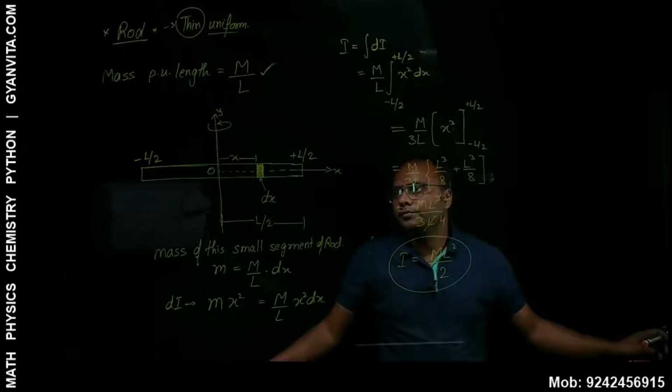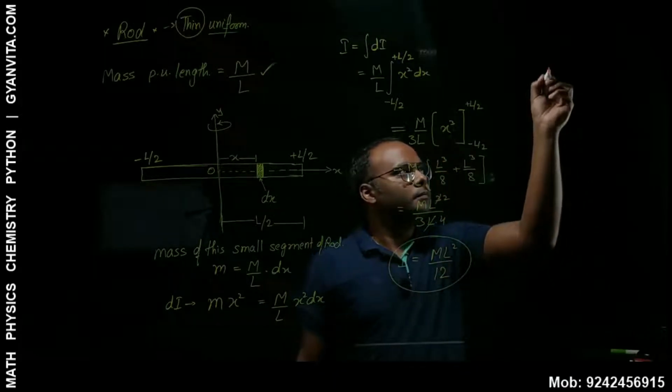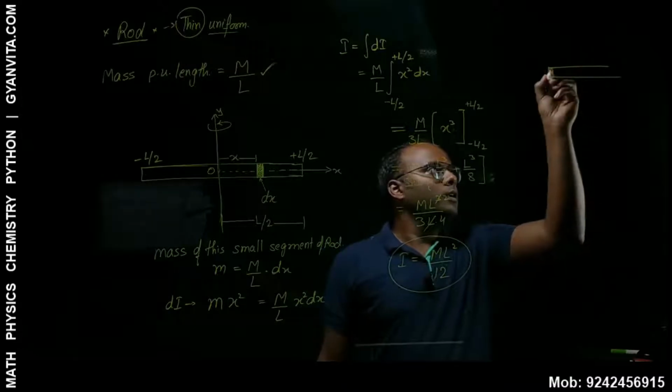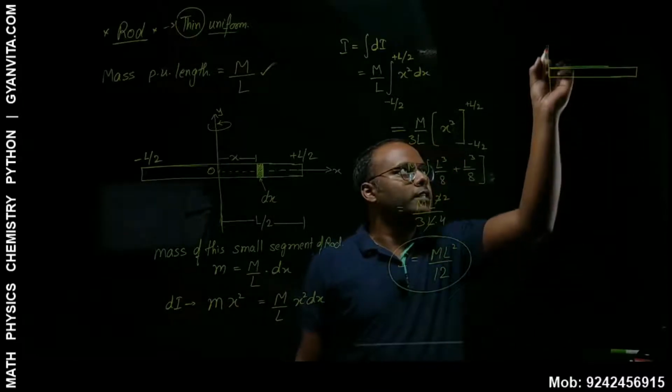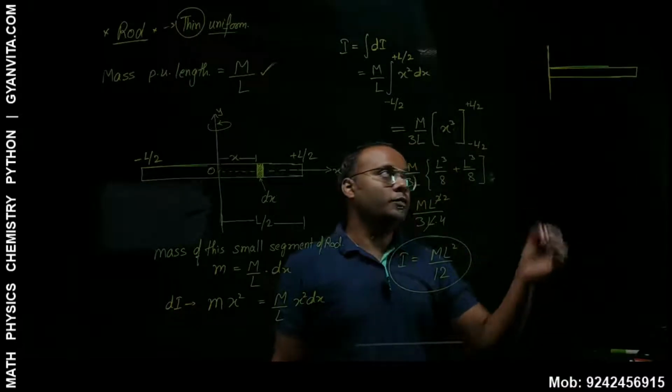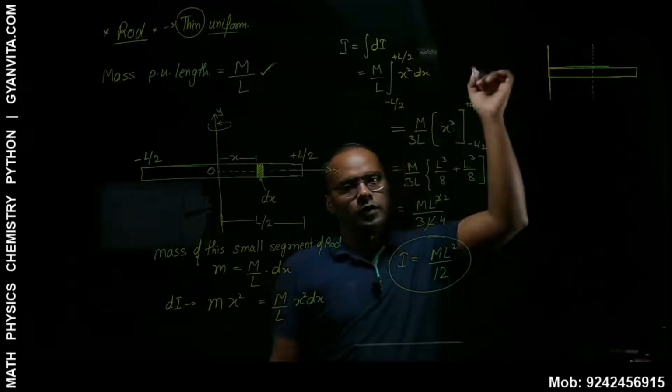Now what else we have to find? Suppose we have to find something else. In the same rod, now what if I have to find the moment of inertia along this axis? So already we have the moment of inertia along this axis. Suppose we know the moment of inertia along that axis.